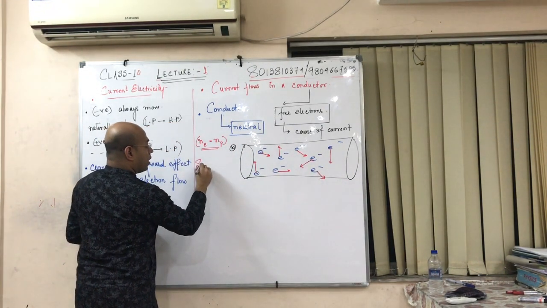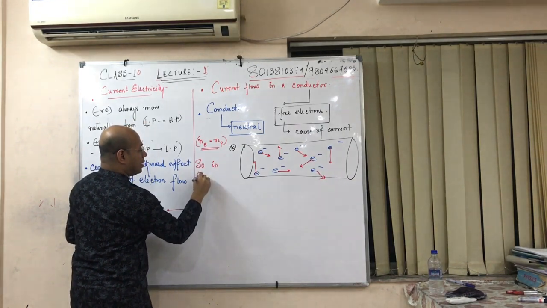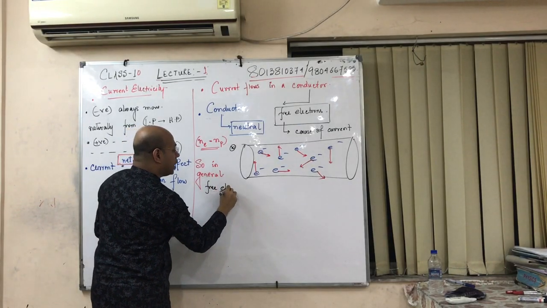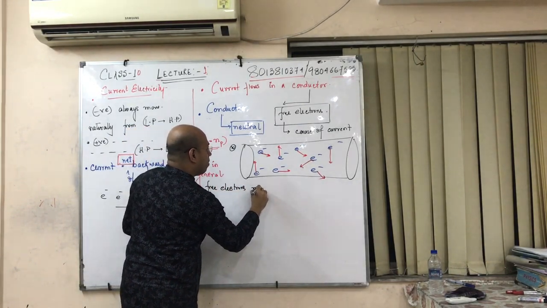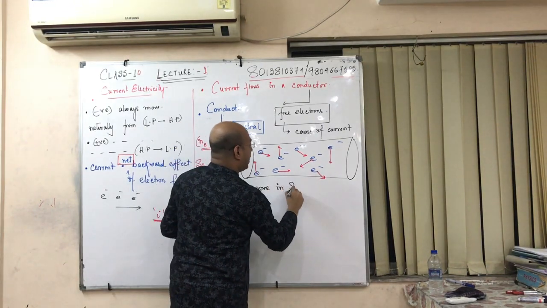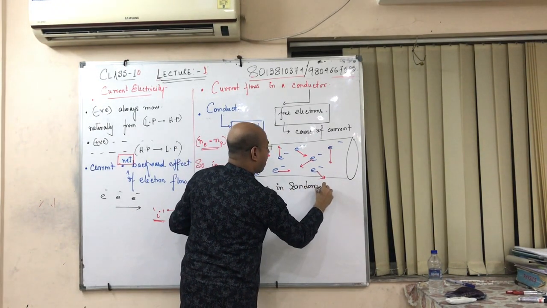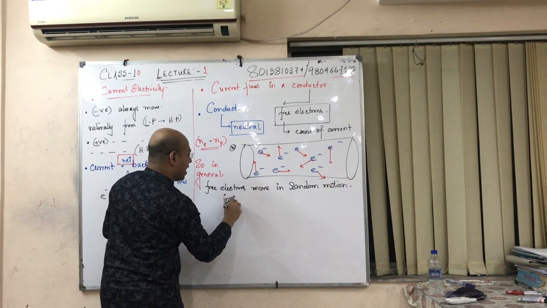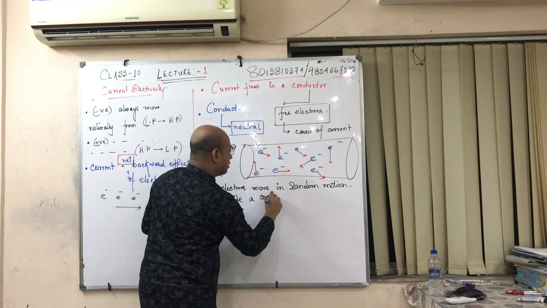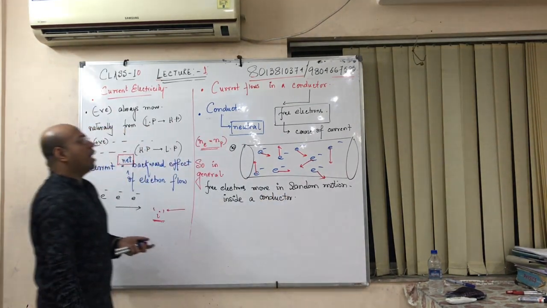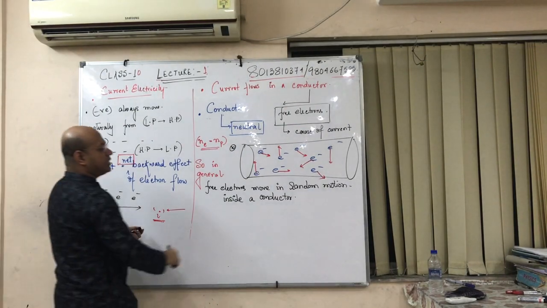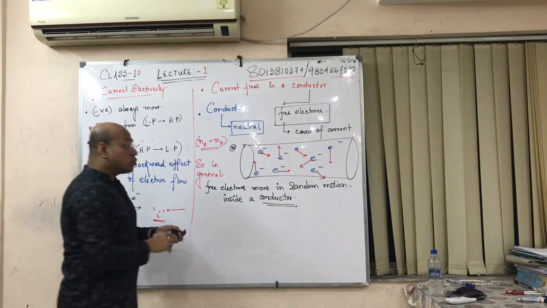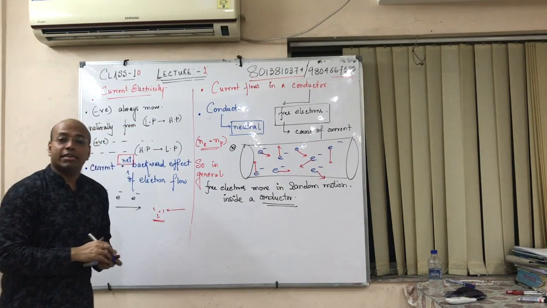So in general, free electrons move in random motion inside a conductor. Random motion is in different directions. So why are we not getting the current?